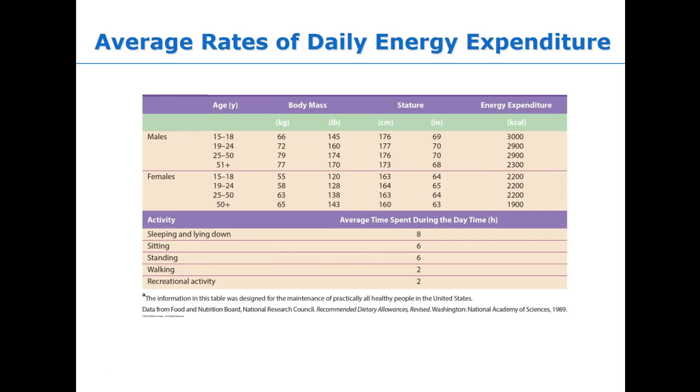Remember from some of our previous talks, if you take in more than what your body requires, that would facilitate weight gain. If you take in less than what your body demands, that would facilitate weight loss. And if you took in exactly that 2,200 kcals in a day that your body requires, that would allow you to maintain your current weight.